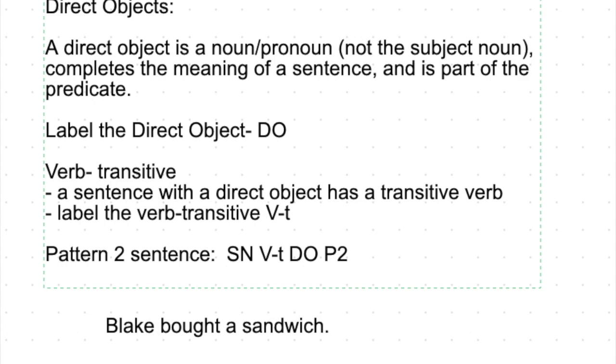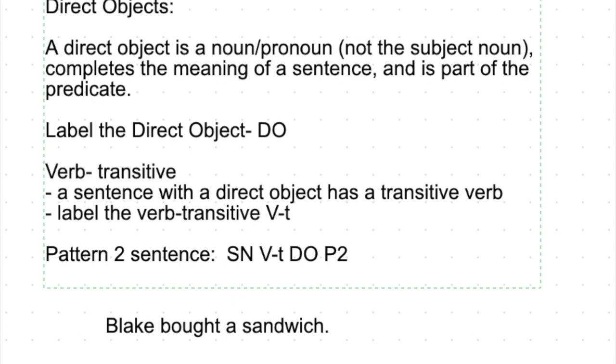Okay, so the first thing that it talks about is direct objects. A direct object is always a noun or a pronoun, but it's not the subject noun. It completes the meaning of the sentence, but it's always part of the predicate, never part of the subject. You label the direct object DO when you're classifying.